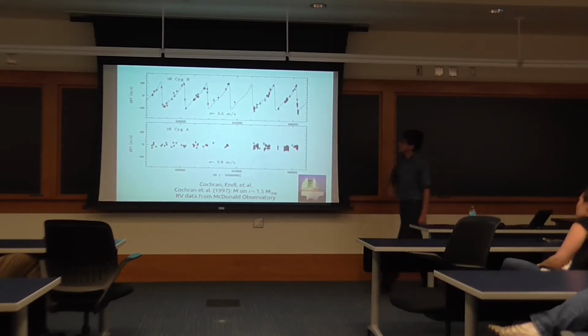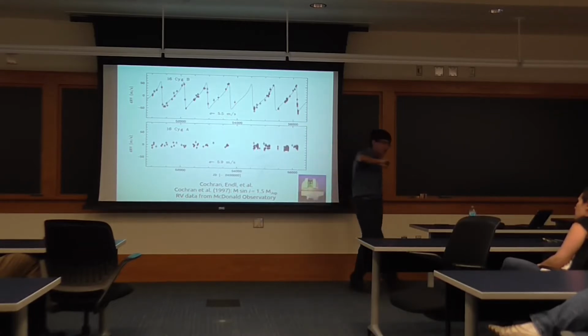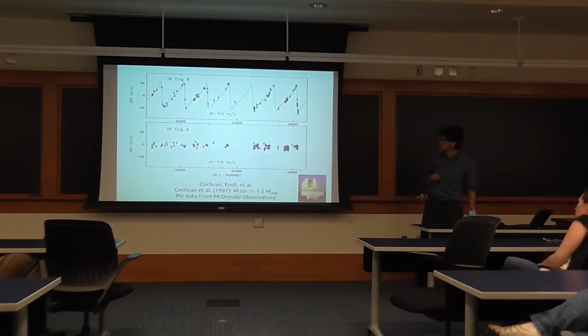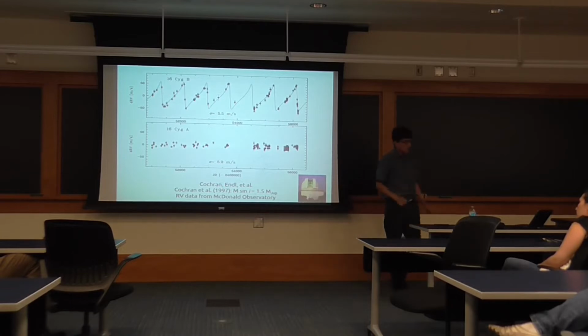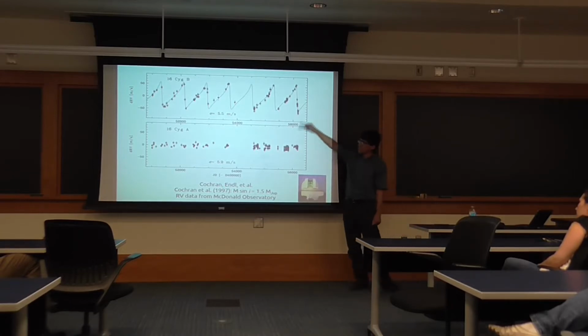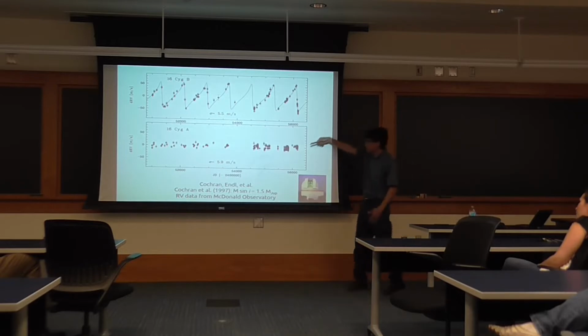That's due to a planet with a mass of 1.5 Jupiter masses, minimum mass, of course. And the other one doesn't show any variation. So A doesn't have the same type of planet that B has, for sure. It could have little ones, of course, but it doesn't have a gas giant, for sure.